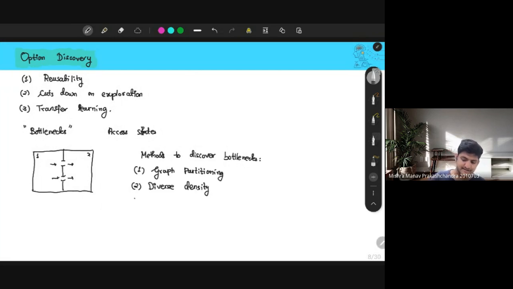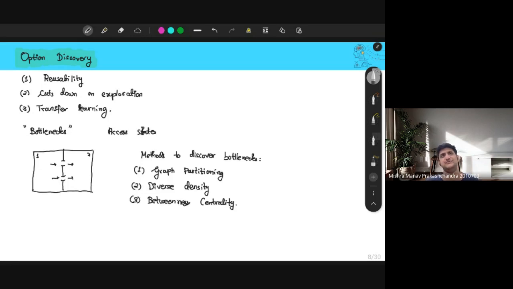Thirdly, you have something known as betweenness centrality. This is a fairly popular metric if you have studied courses on network theory or network analysis. Betweenness is basically a measure that computes the number of shortest paths that pass through a node.